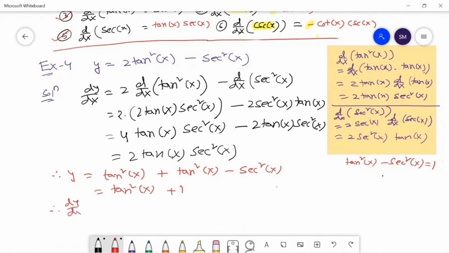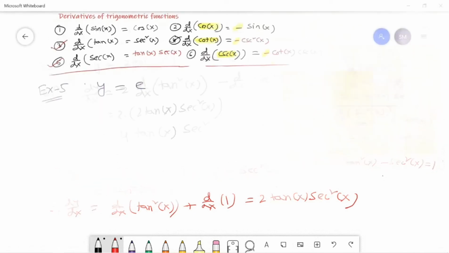So therefore, if we know only the derivative of tan square x, we can write the final answer, which is equal to d dx tan square x plus d dx 1. The derivative of 1 will be 0, and tan square x we already calculated. So 2 tan x secant square x, and this is the final answer.